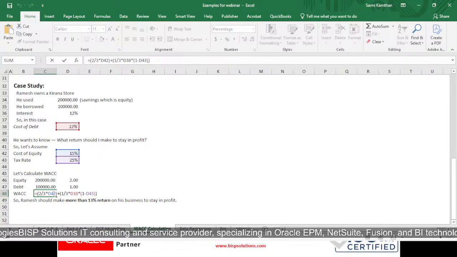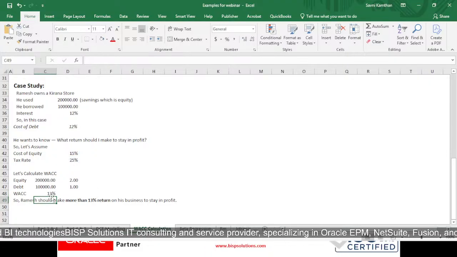That's why 3 is there, and I will be multiplying it with my cost of equity, plus 1 by 3. 1 is our 1 lakh rupees of bank loan which we have taken, and cost of debt, which is multiplied by 1 minus tax rate, which we have already discussed in our formula in the PPT. I have already explained it. Then when we calculate it, it gives us 13%. So Ramesh should make more than 13% return on his business to stay in profit, right?